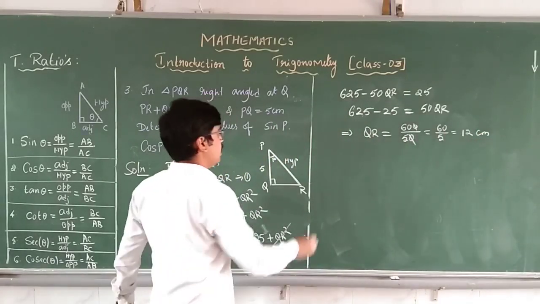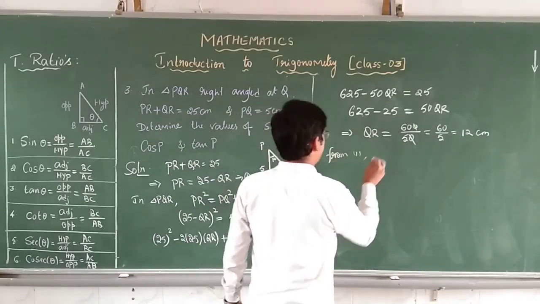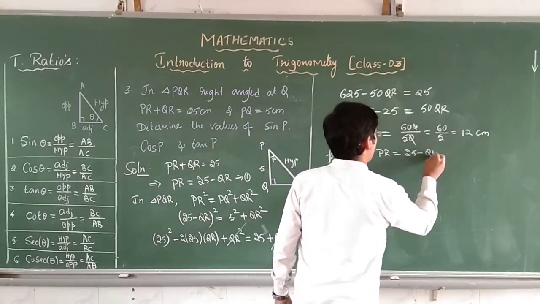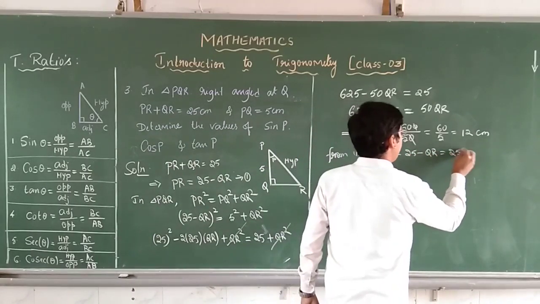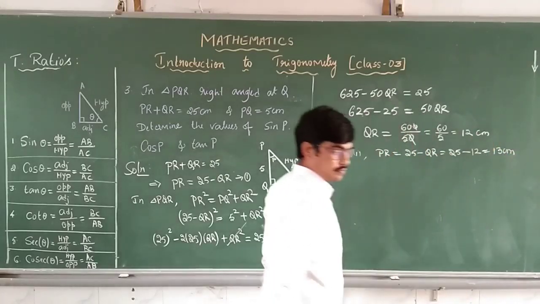Then what is PR? Therefore from equation 1, we can write PR is equal to 25 minus QR, it is nothing but 25 minus 12, so that is equal to 13 centimeters.